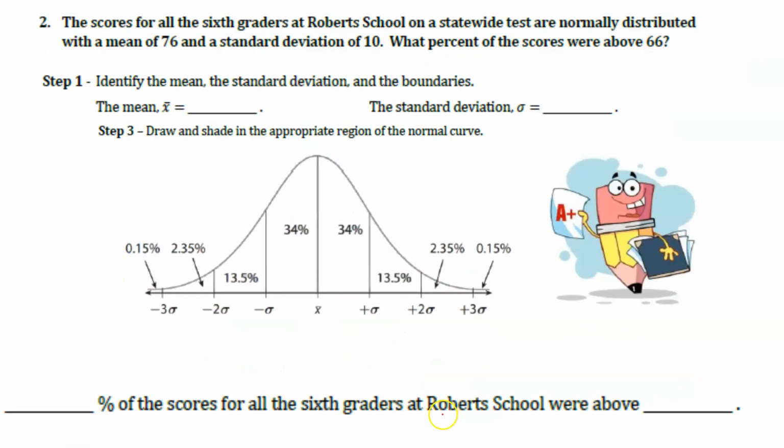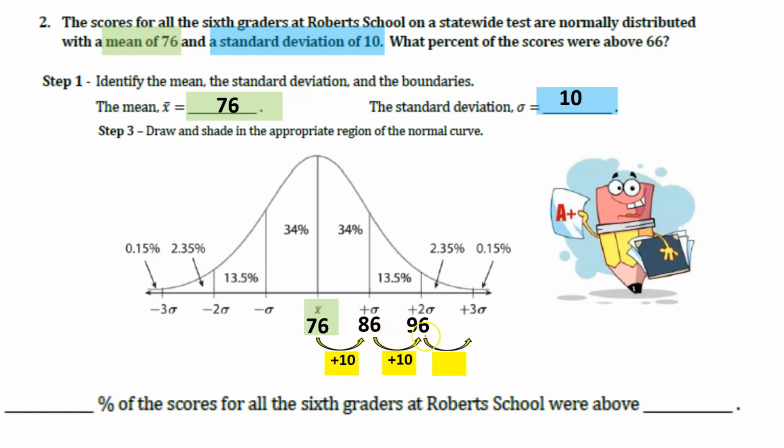On this next problem, again, it's the same school with the same mean and standard deviation. This is asking what percent of scores were above 66. You can recalculate all these numbers, or we can just recopy all the numbers we just did, where we continually add by 10 and subtract by 10. You may wonder why they are making us fill out a whole new thing for the same problem.